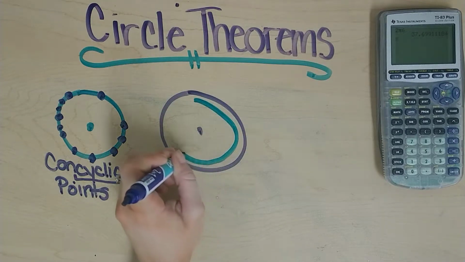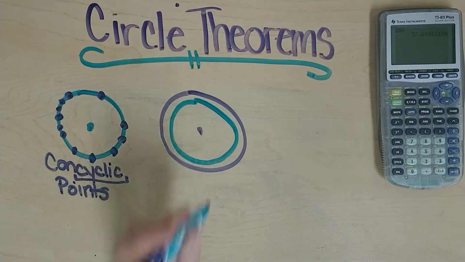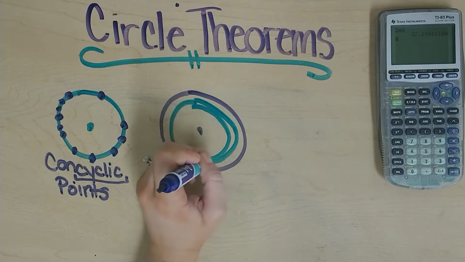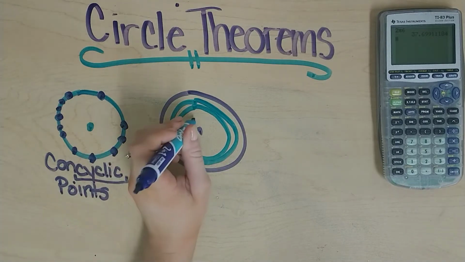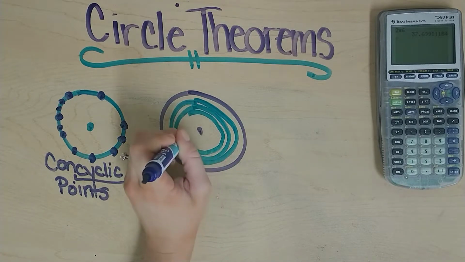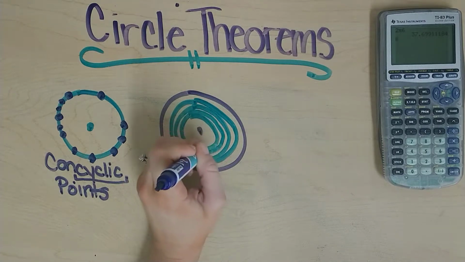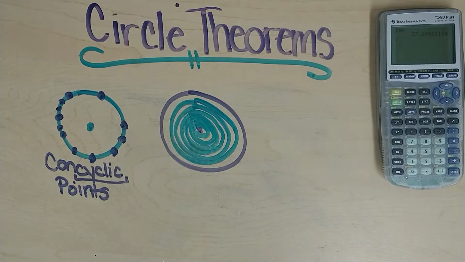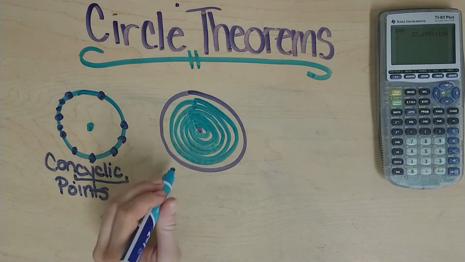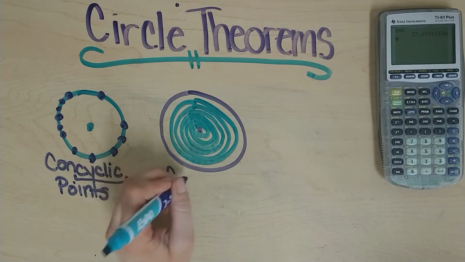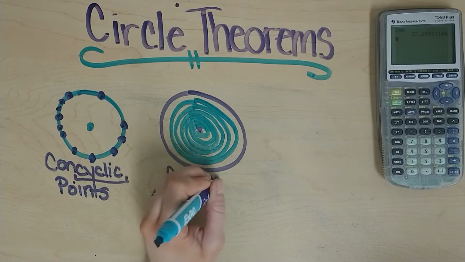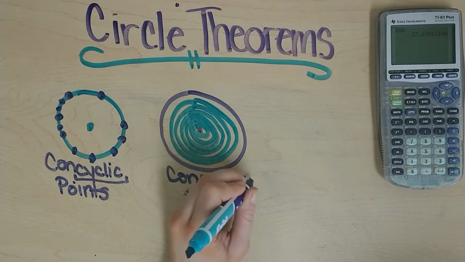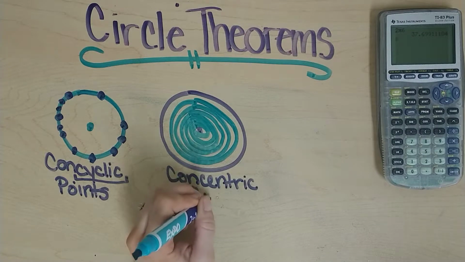Center. Same center point, all the way in. You could think of Russian nesting dolls if you're aware of what that is. These are called concentric circles.